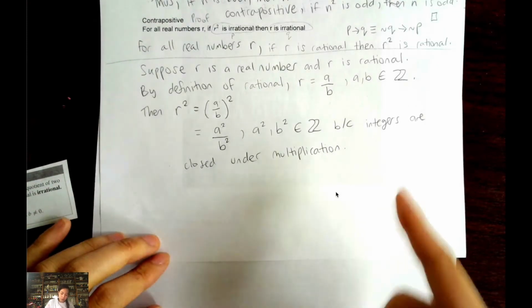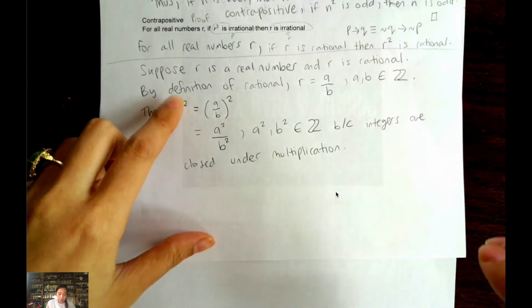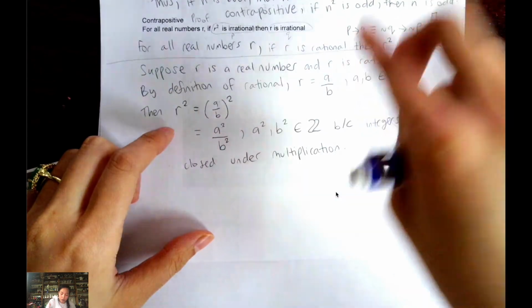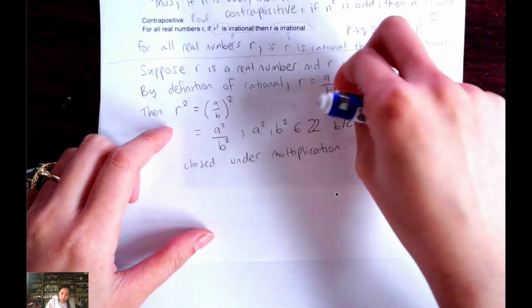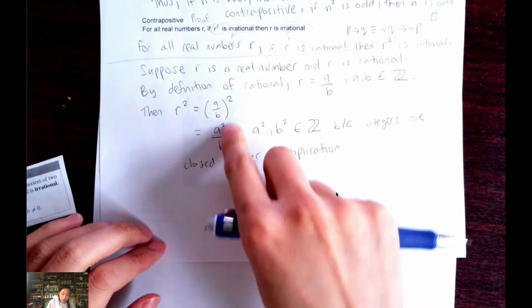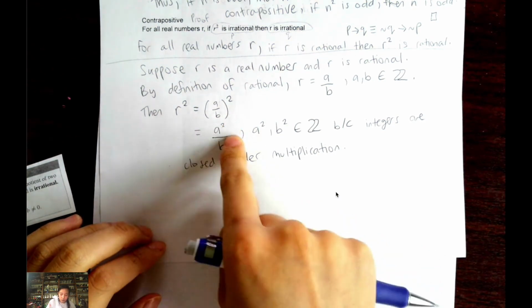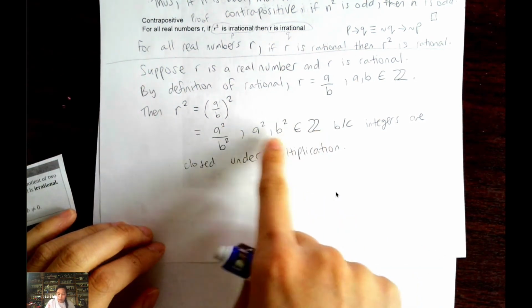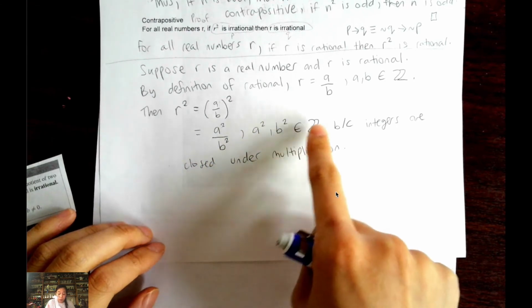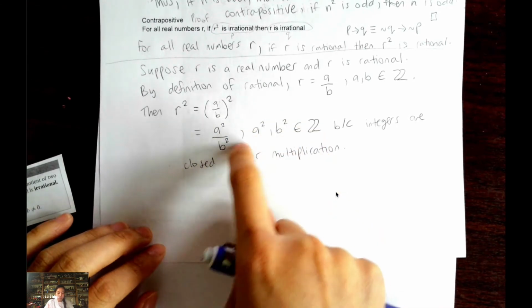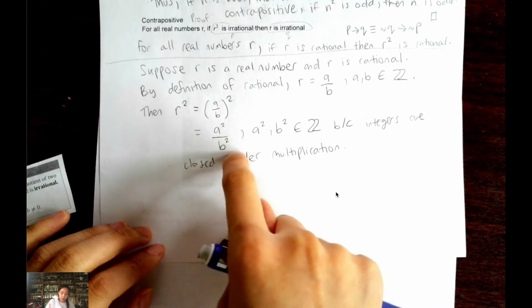So now I want it to be crystal clear that r squared can be written in this format, where it's some integer over some integer. Over here it's a little messy because it says a squared, b squared, and even though I indicate that a squared and b squared are elements of the set of integers, I want just one variable on top and one variable on the bottom.